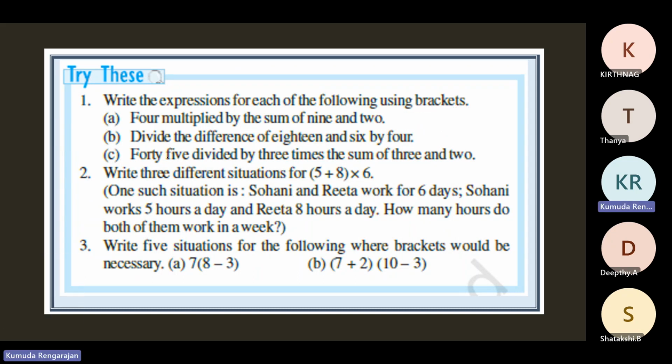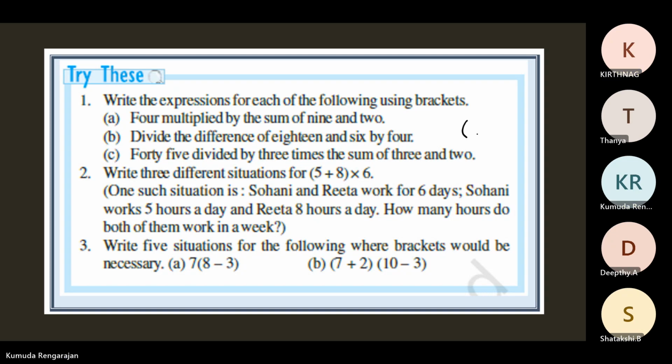Okay, the next one. Ovia, 45 divided by 3 times the sum of 3 and 2. So how do you write the sum of 2 and 3, Ovia? Ma'am, first we have to put a bracket.